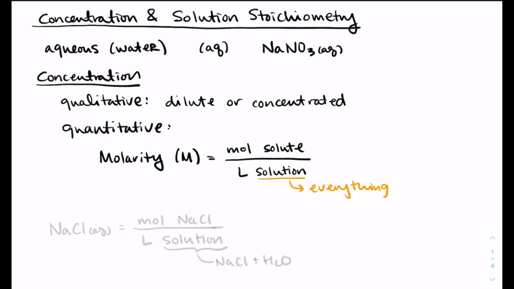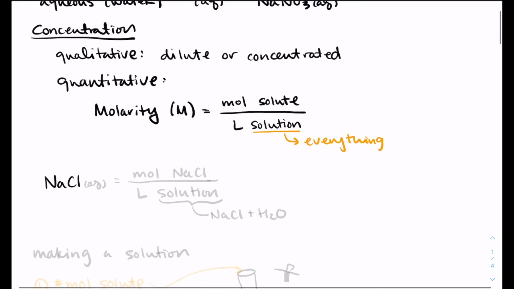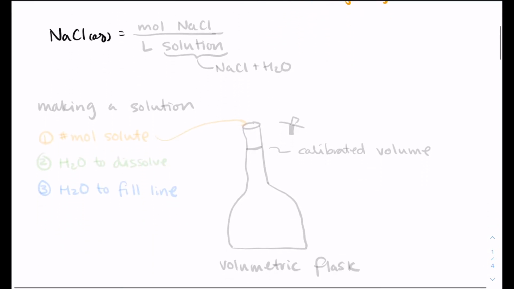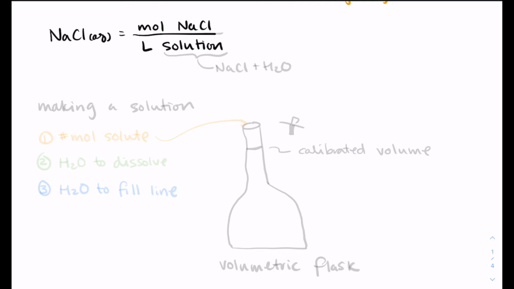Now, just to give you a really explicit example, if I had an aqueous solution of sodium chloride, when I give you a number with an M after it saying this is the molarity of the solution, what I'm telling you is that this is the number of moles of sodium chloride per liter of solution, and the liter of solution means the volume of the sodium chloride and the water.